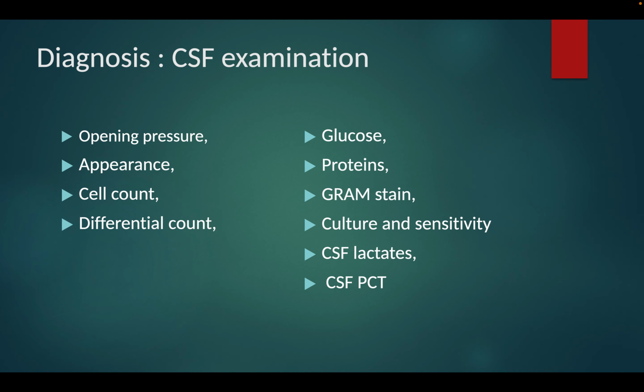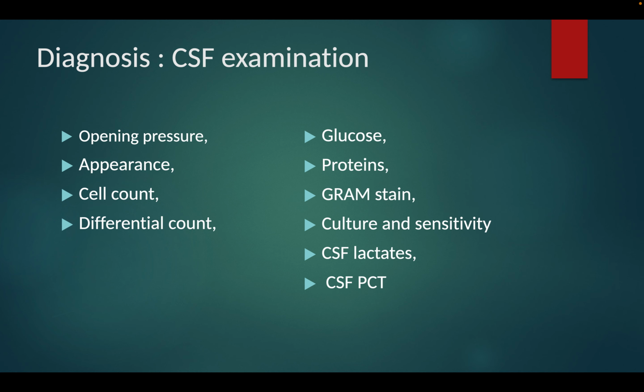So, of course, you look at the appearance of the CSF, the cell count, the differential count, glucose, proteins, the gram stain, especially in a patient with bacterial meningitis. Culture and sensitivity, we may look at CSF lactates, especially in the post neurosurgical status, and we'll touch upon that in my next video.